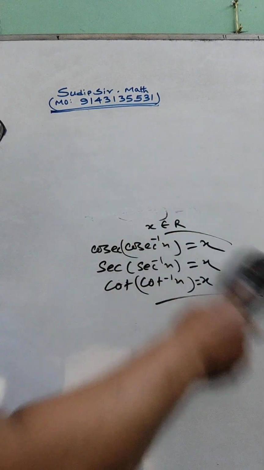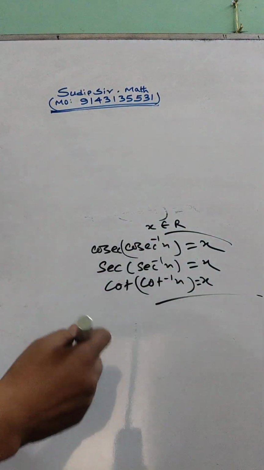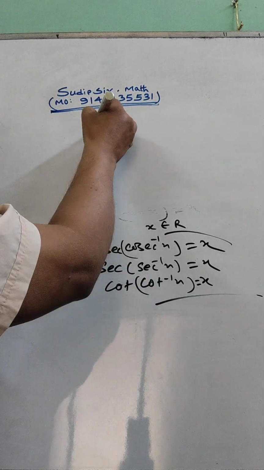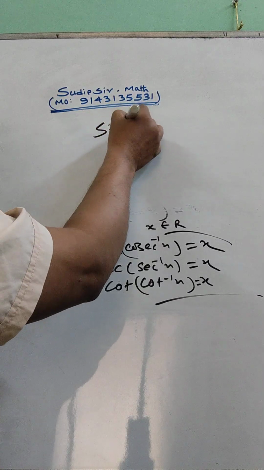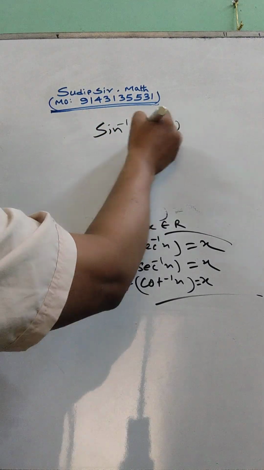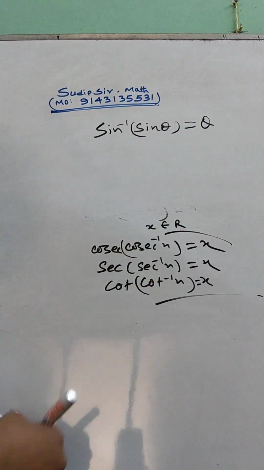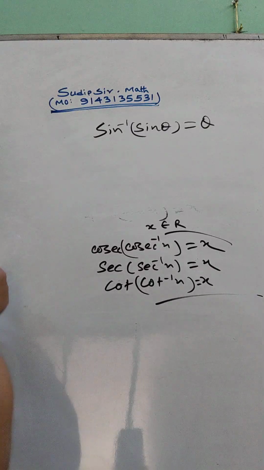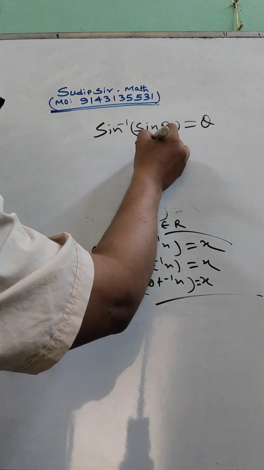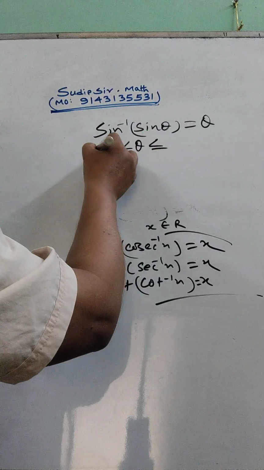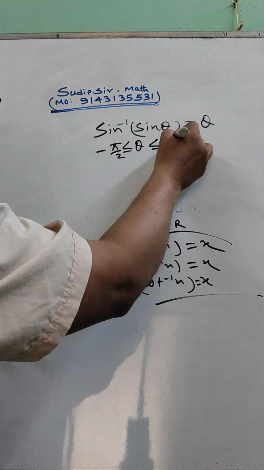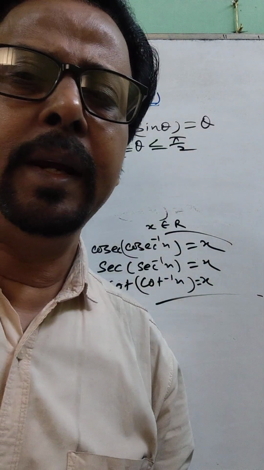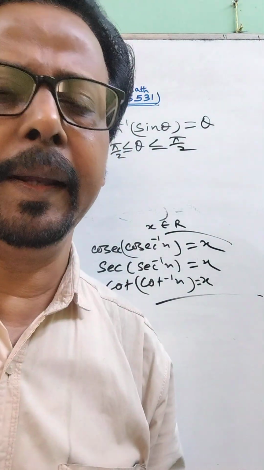Similarly, sine inverse sine theta equal to theta, but it must follow that theta lies between -pi by 2 and pi by 2. Then only it is true, otherwise not. Okay.